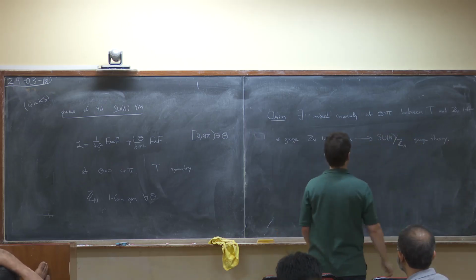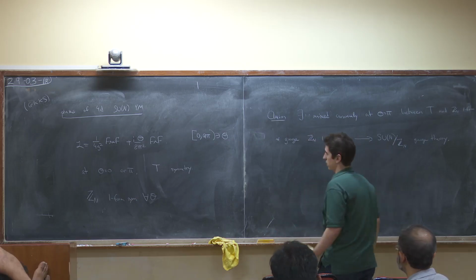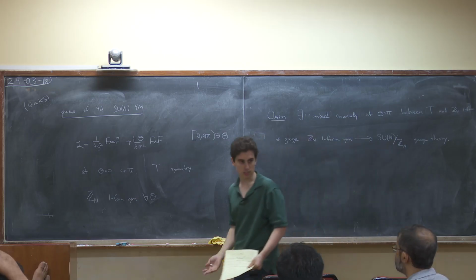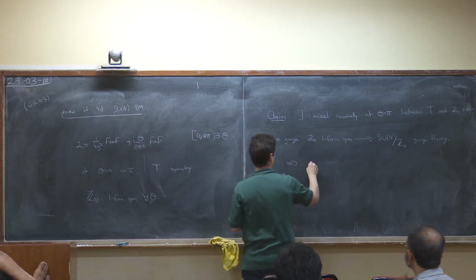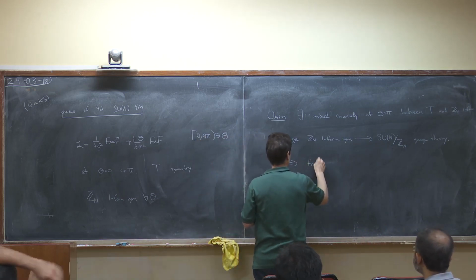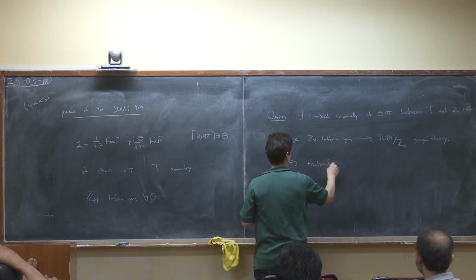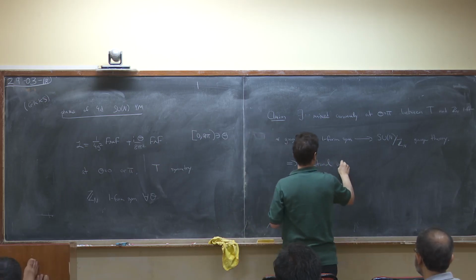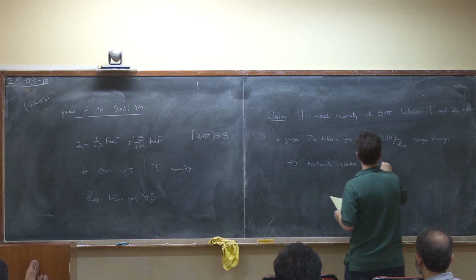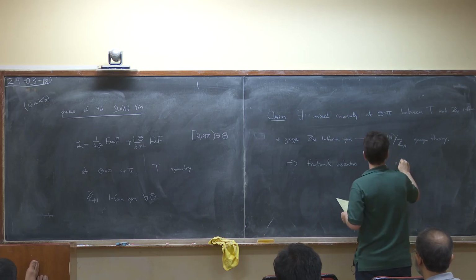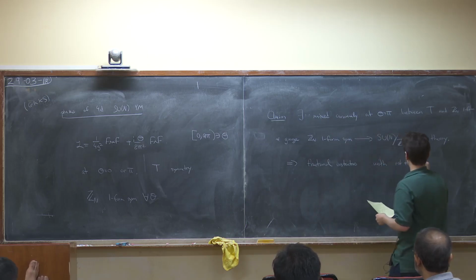And as we just discussed, for this global form of the gauge group, there are fractional instantons, with instanton number 1 over n as the minimal unit.